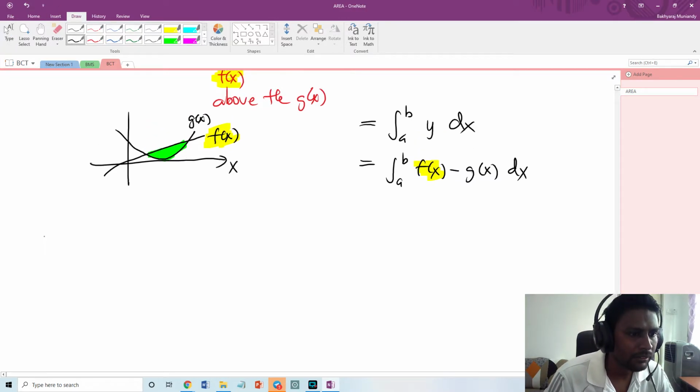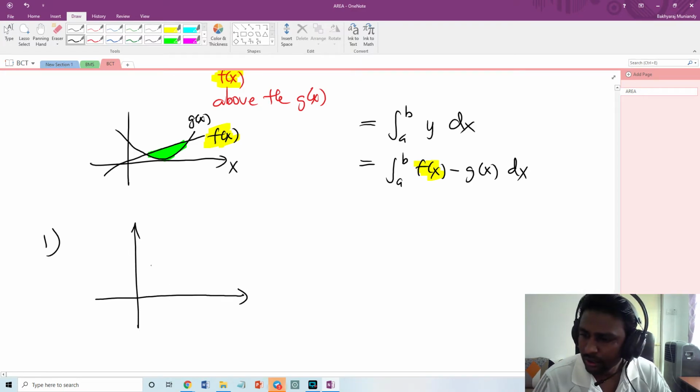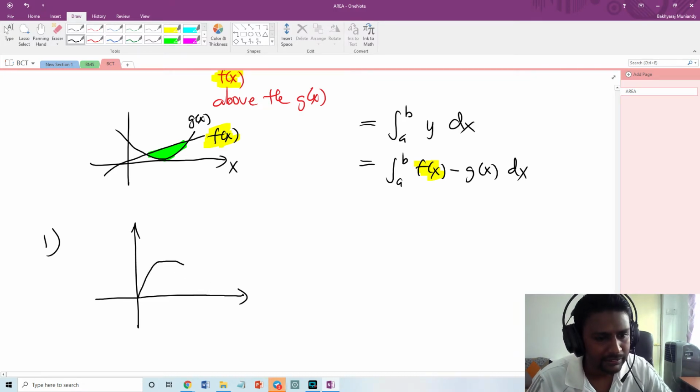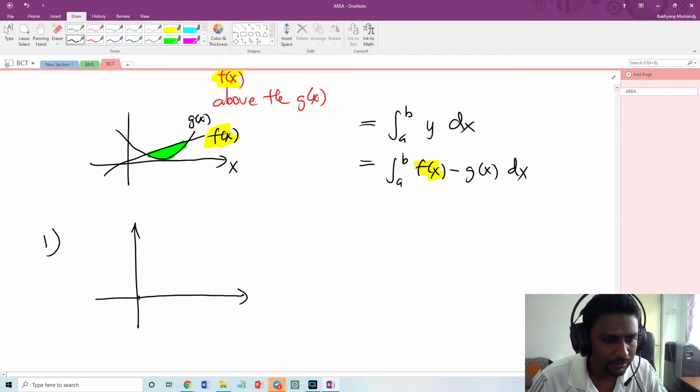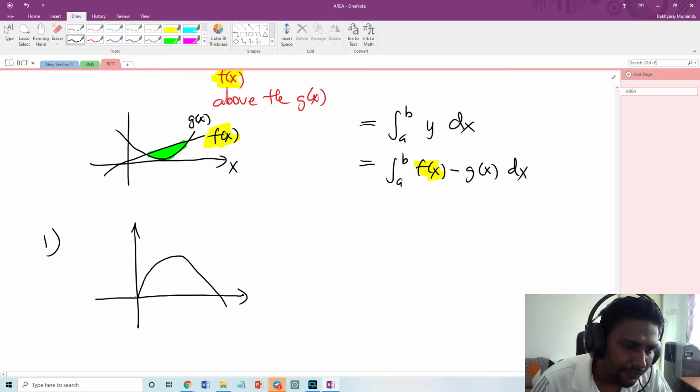Example 1. Let's say I give you a function. I have a curve that goes like this, and then a straight line that goes like this.